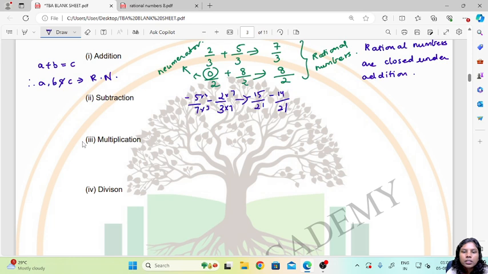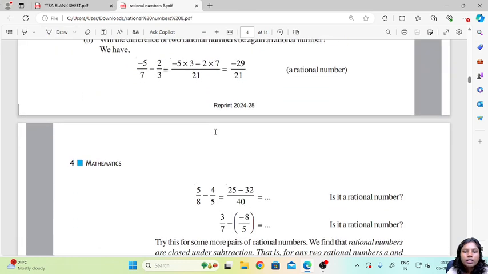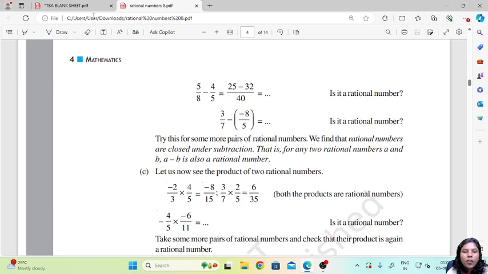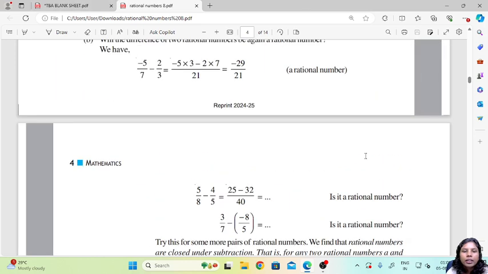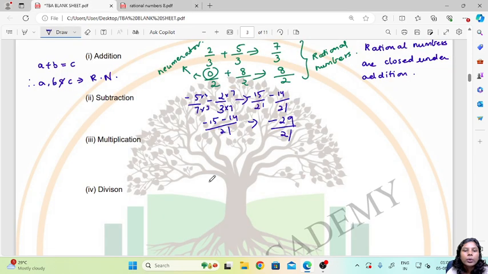So that will give us minus 15 minus 14 upon 21. So that would be a total of 29, with the sign of the greater number, minus, upon 21. So we get minus 29 upon 21. So that is also a rational number.